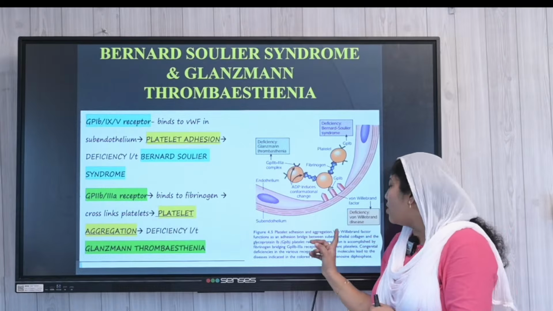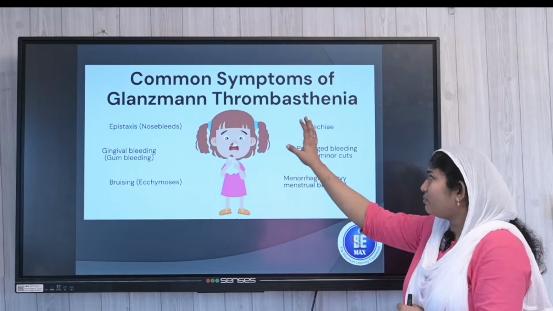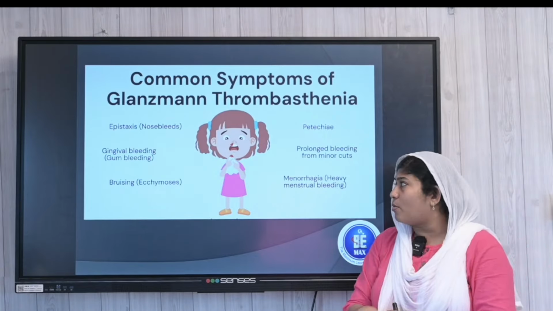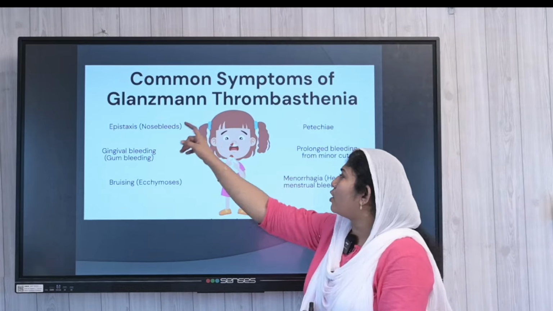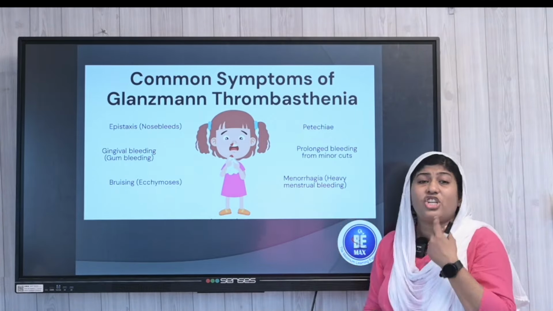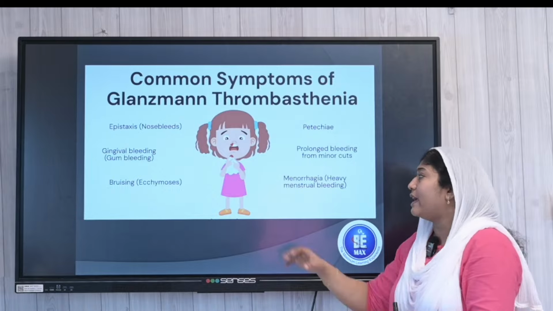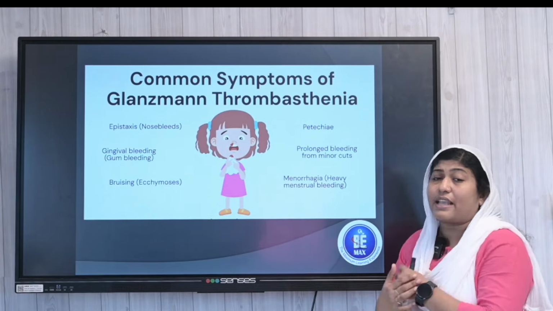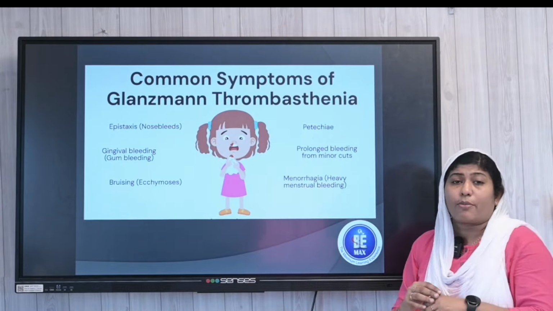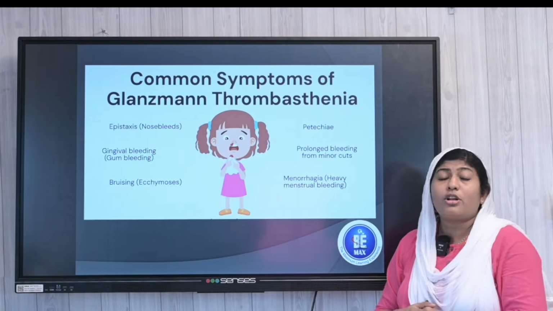The bleeding mainly occurs from the nose. Either in Glanzmann thrombasthenia or Bernard-Soulier, the symptoms are almost similar. That is epistaxis or nasal bleeding. The child will have severe nose bleeding, then gingival or gum bleeding, then bruising or ecchymosis with color changes in the skin, petechiae, rash formation, and prolonged bleeding from minor cuts.